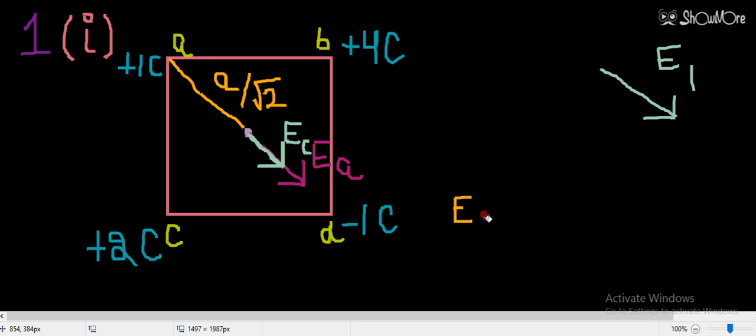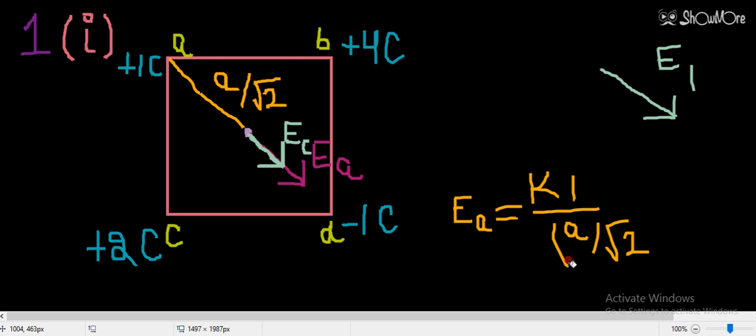EA is equal to K into 1 coulomb charge, so K into 1 divided by R square, where R square will be (A by root 2) square. So that means EA will be equal to 2K by A square. This is the magnitude of EA.